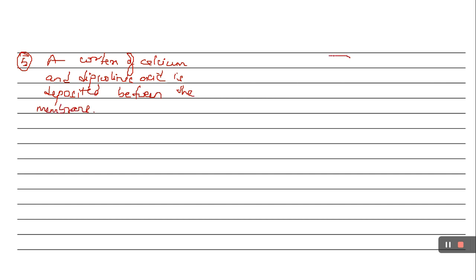So if this is a structure, and this is the layer which forms, this is called the cortex. Okay, and calcium and dipicolinic acid and all deposit here.